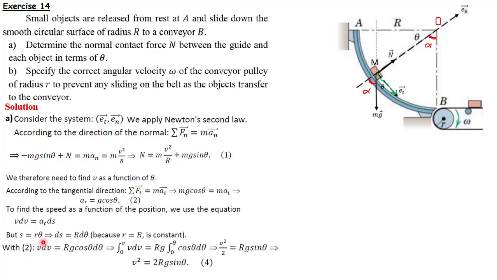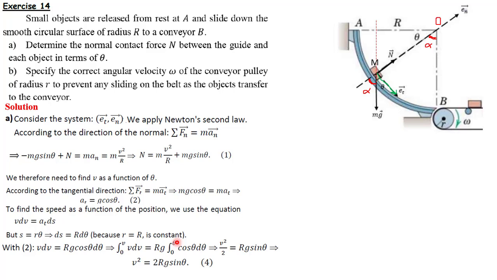So this means that we can immediately integrate. So the integral of v dv between 0 and v is equal to the integral of rg cosine theta d theta between 0 and theta. So theta 0 is clear to be equal to 0, and the final angle of rotation is theta.